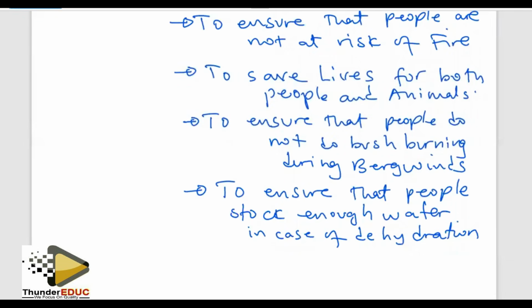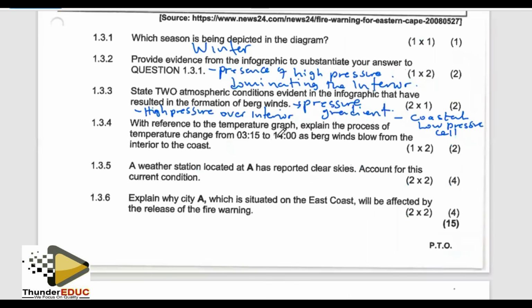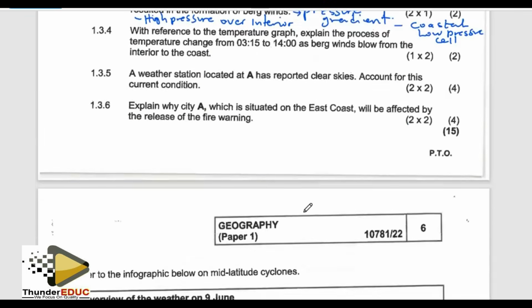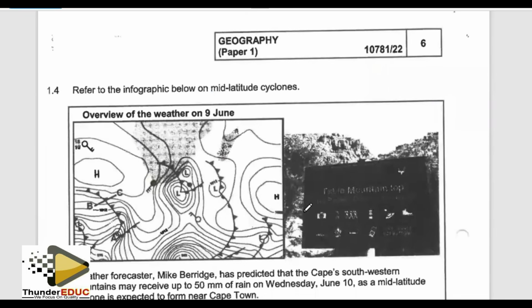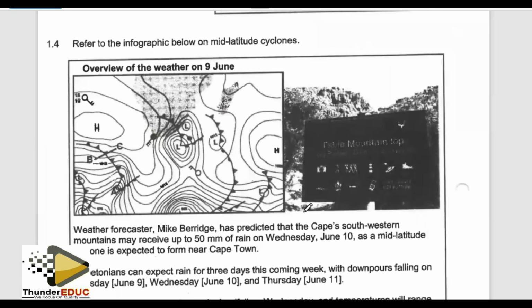All right. So that was question 1.3.6. Let's proceed to question 1.4. It says, refer to the infographic below on mid-latitude cyclones. As you can see, somewhere here we can see the mid-latitude cyclones. And see the map of Southern Africa here.